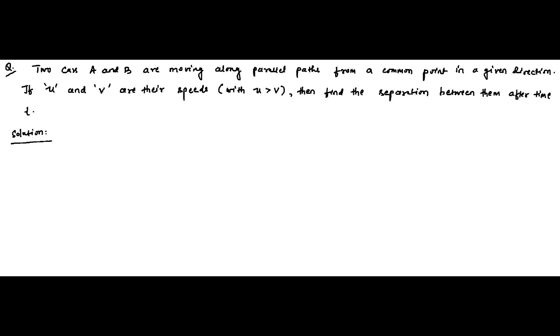Their speeds are u and v with u greater than v. The velocity of car A is greater than the velocity of car B. Then find the separation between them, the distance gap between them after a particular time t.